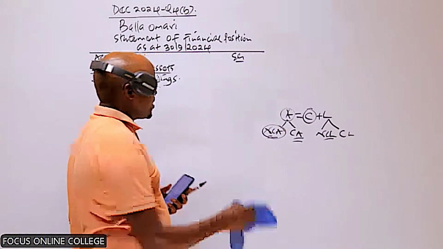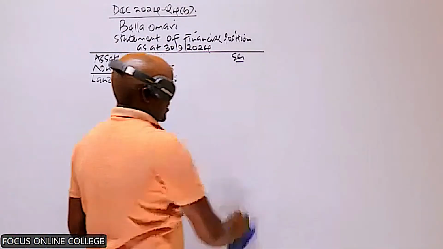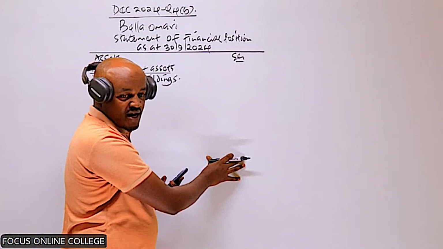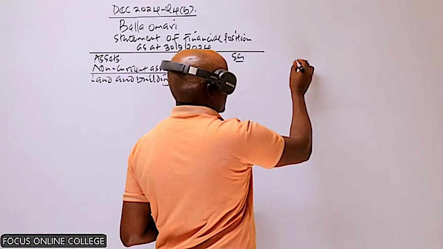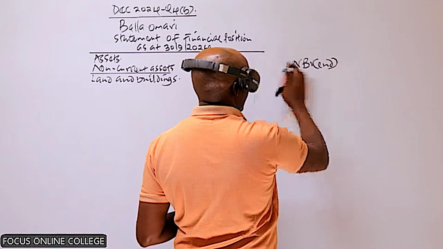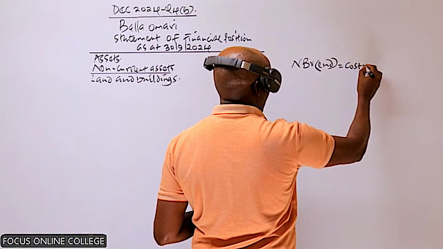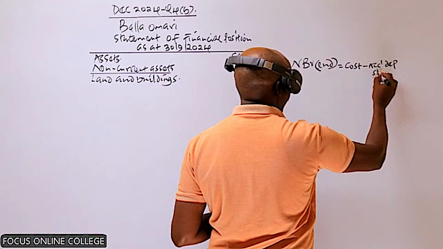We say that when recording the asset here, that is the non-current asset, we record them here at the net book value. At the net book what? Value. So how do we compute the net book value of an asset at the end of the year, which is basically recorded here? The net book value of an asset at the end of the year is equal to the cost minus the accumulated depreciation at the start of the year.